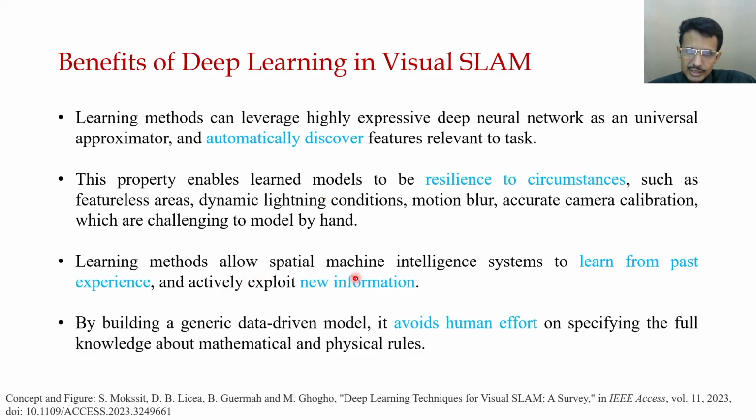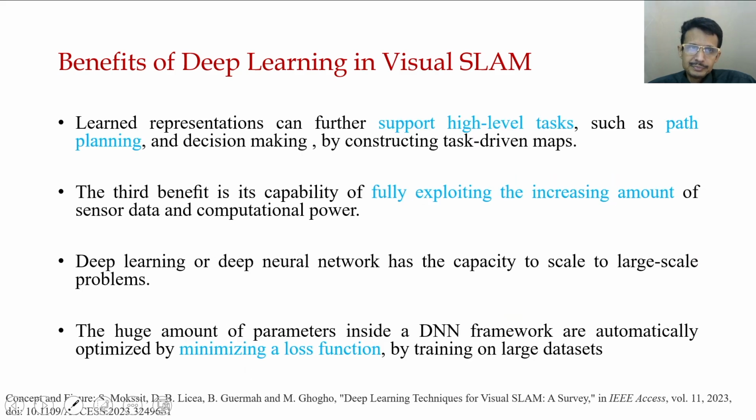Learning methods allow spatial machine intelligence systems to learn from past experience and actively exploit new information. That is also important, that from past experience we can learn. By building a generic data-driven model, it avoids human effort on specifying full knowledge about the mathematical and physical rules. So these are the basic advantages of deep learning based systems.